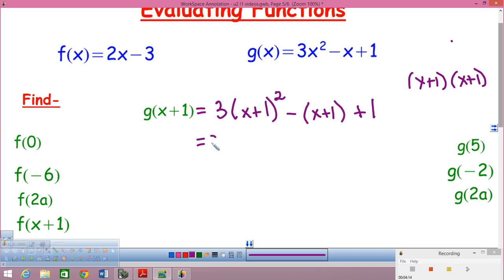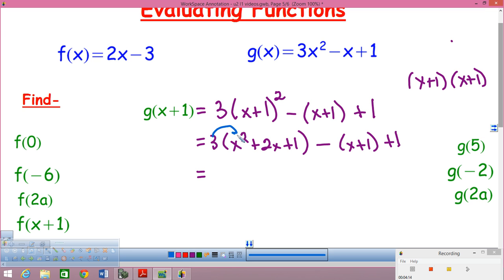3 times x plus 1 times x plus 1 is x squared plus 2x plus 1. Trust me, you can pull it out, but that's what it is. Minus x plus 1. Okay. 3 times x squared is, let me put the little loops on there.